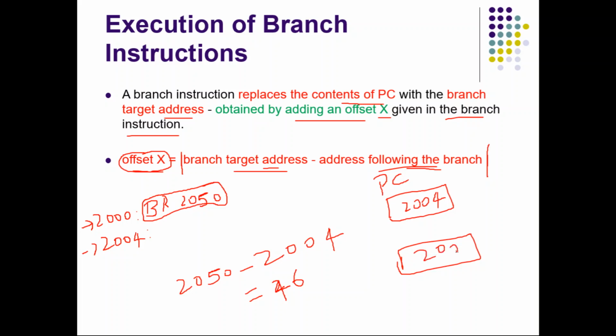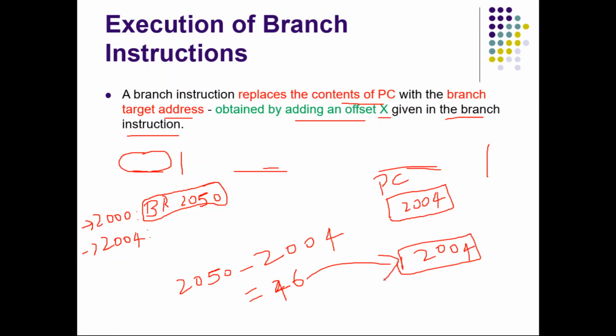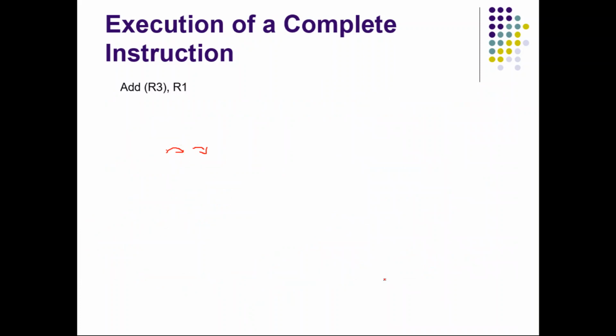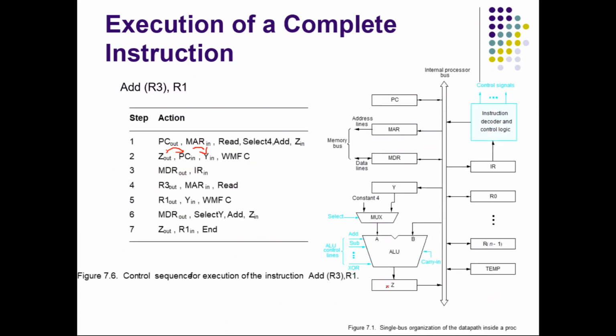Next what you should do is add this 46 with 2004. What is 2004? Whatever is available in Y. Select Y, and here you have to pass the difference between the branch target address and the address of the next instruction.